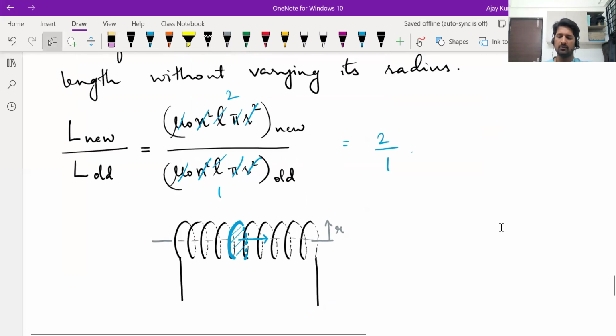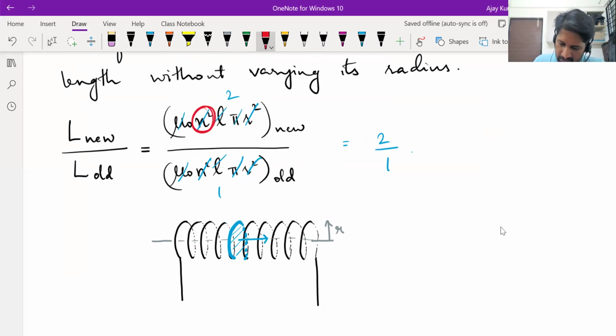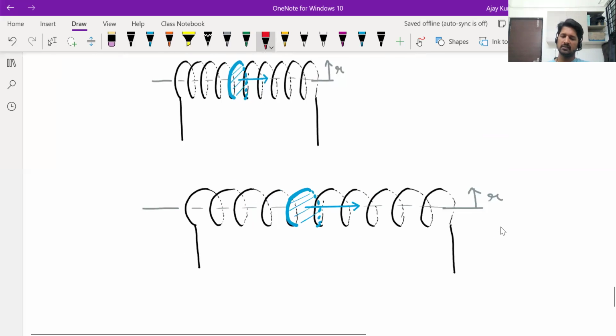What students tend to forget is that small n is not the number of turns, it's the number of turns per unit length. Small n depends on length. So if length is changed, small n changes. Okay, you have to keep that in mind. When you stretch the solenoid, now what happens? The total number of turns remains the same.